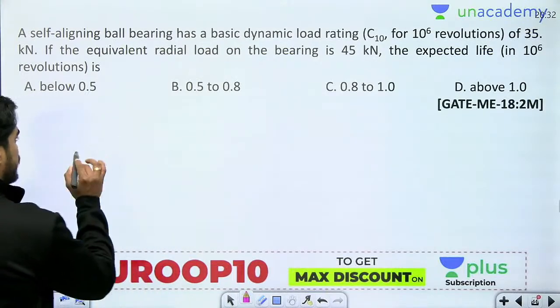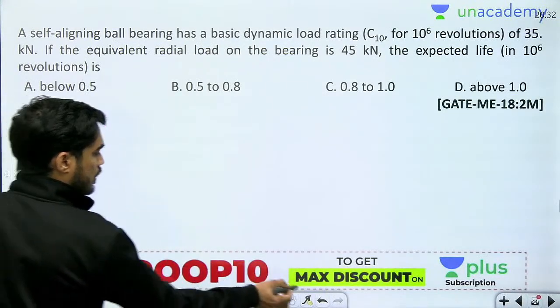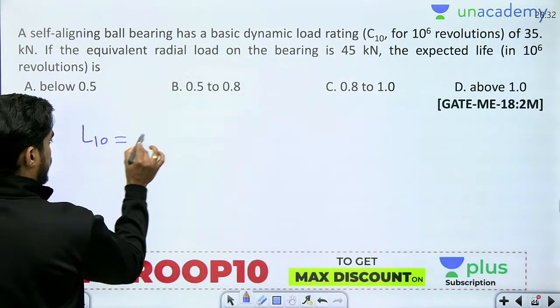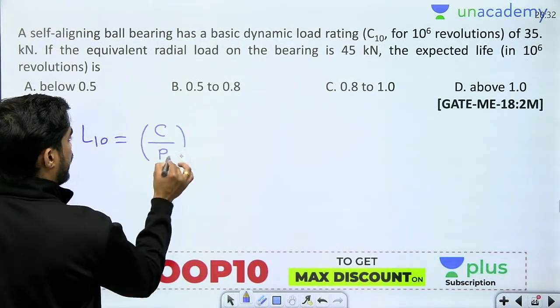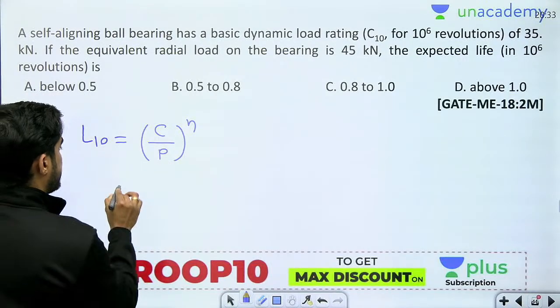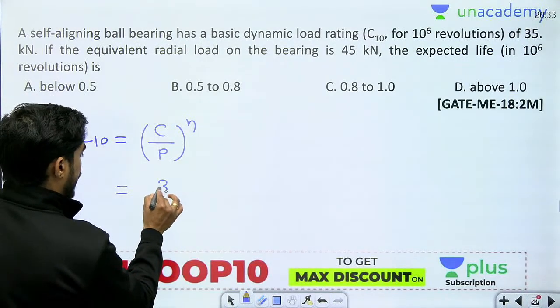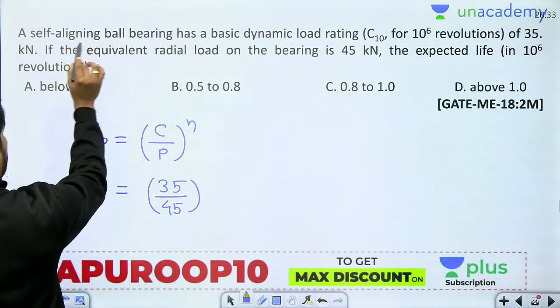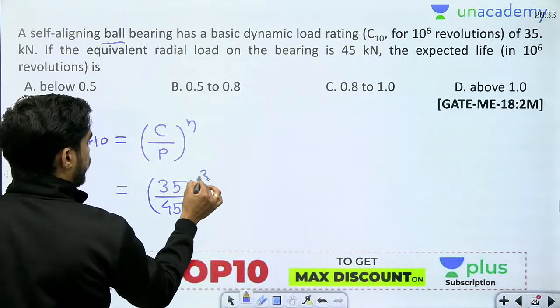Very good. So beta let's use the equation L10 equals C by P whole to the power n. So what is C? C is 35 and what is P? P is 45 and it is a ball bearing, so n will be 3.